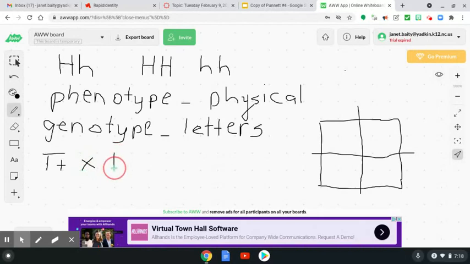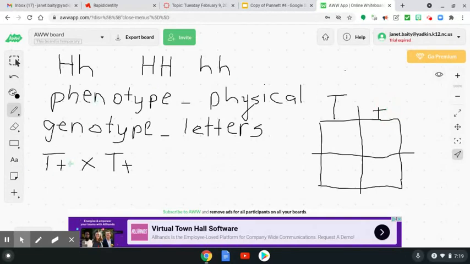Okay, heterozygous tall. So you got a big T, otherwise known as dominant, and you have a recessive.